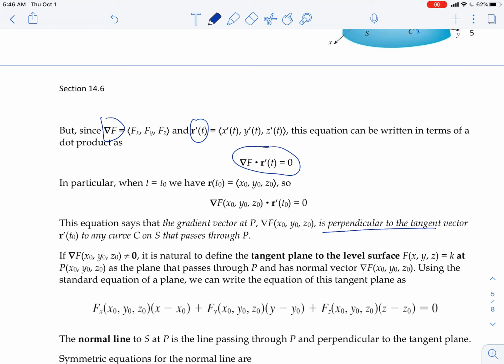And if the gradient is perpendicular to the tangent vector, then we have a vector that is orthogonal, and we can write the equation of a tangent plane, where the gradient of f is our orthogonal vector.